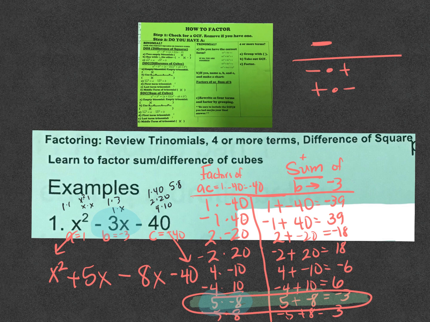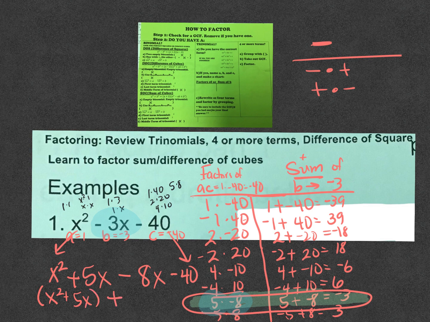So I have rewritten this trinomial into 4 or more terms, and it says factor by grouping. So group with parentheses. I'm going to group the first two together, x squared plus 5x.